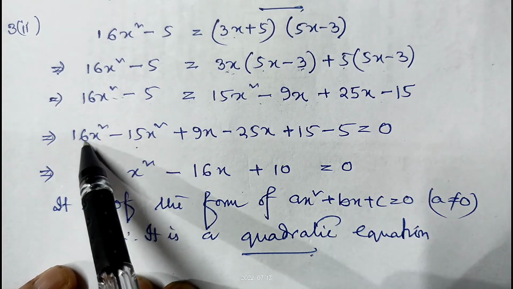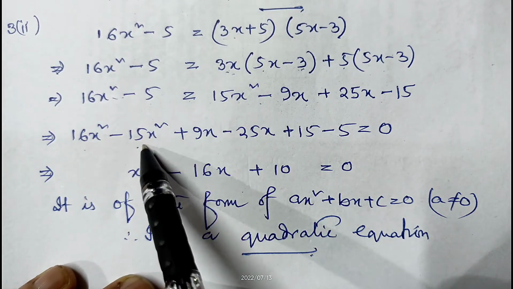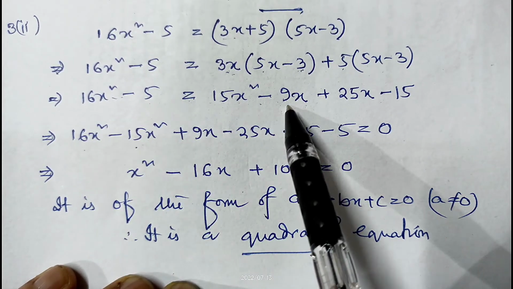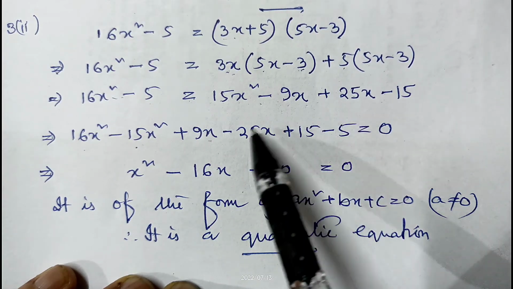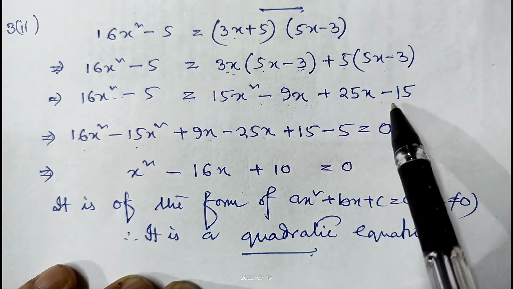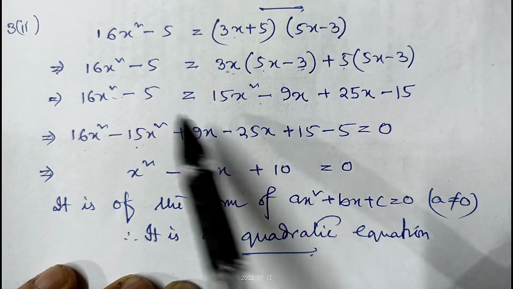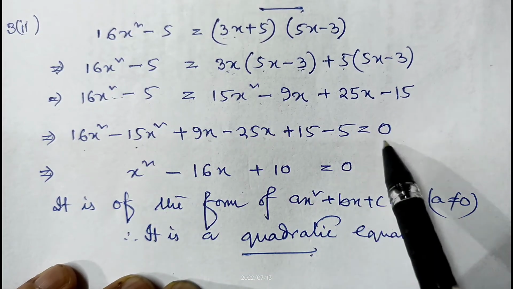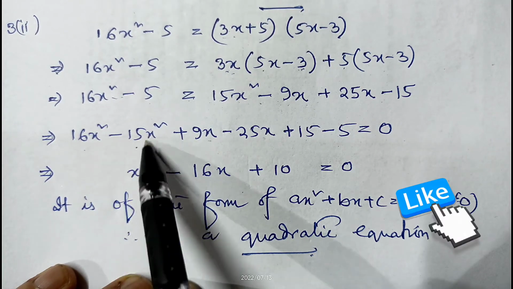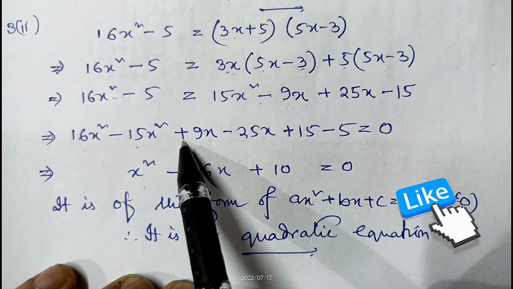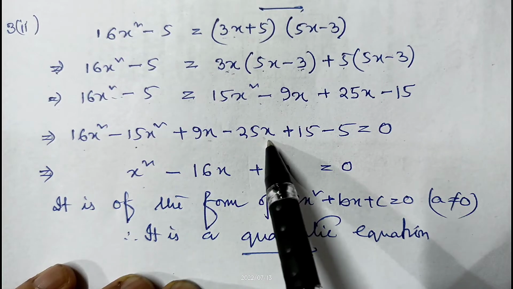So it will be 16x square minus 15x square. This minus 9x, it will become plus 9x. This plus 25x, it will become minus 25x. Minus 15 becomes plus 15. Minus 5 equals to 0. So we are left with 16x square minus 15x square, which will be x square, plus 9x minus 25x.